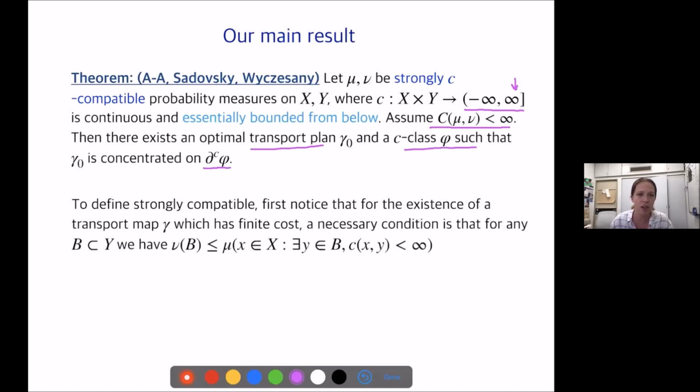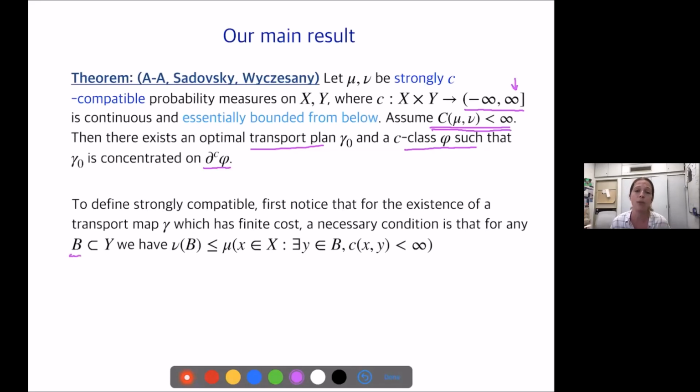Of course, for this theorem to be interesting for you, you have to understand what I mean by strongly c-compatible. So before I define strongly compatible, I'll define something which I call just compatible measures. For this, just notice that for there even to exist some transport map with finite cost, there is a necessary condition: for any subset B of y, so let's think now that we're transporting y to x, it doesn't matter, it's completely symmetric, you have to have enough points in x that you can transport to B, right?